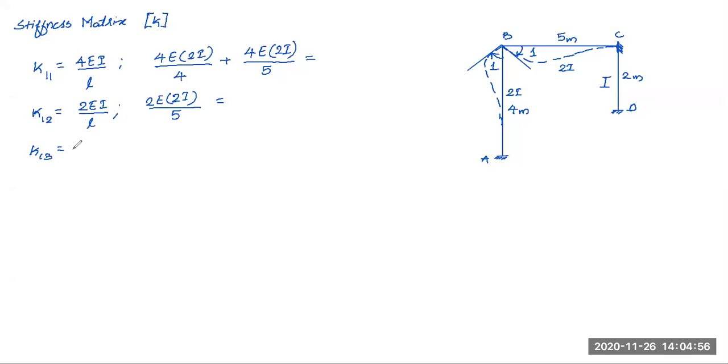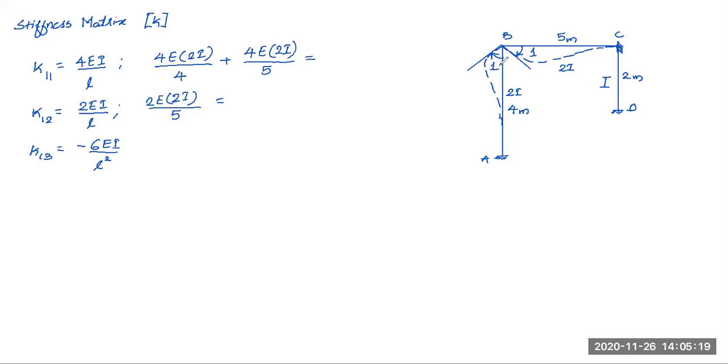the force in the third coordinate when unit displacement is given in the first coordinate, will be minus 6EI by L square. Okay, so here there will be a reaction developed at B when I apply a moment for rotating these members about joint B. E and I are for this member AB.